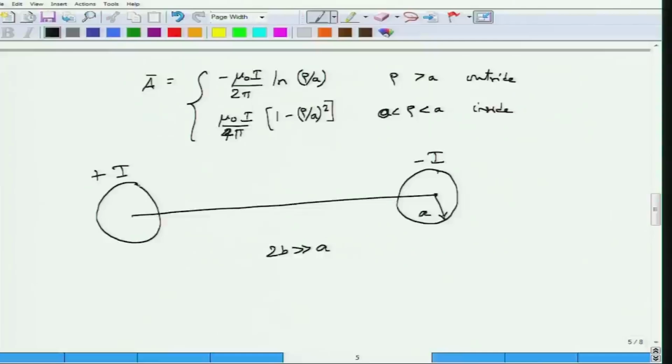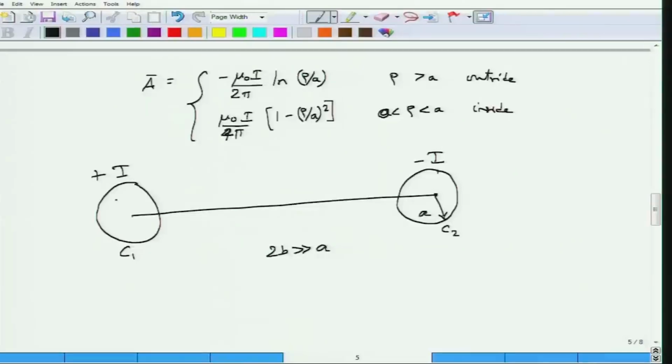Now, the flux that is linking the left one, which we call C1, and the right one, which we call C2, actually has two components. One, because there is an internal vector potential A_i, and then there is an external potential A_o because of the circuit C2.